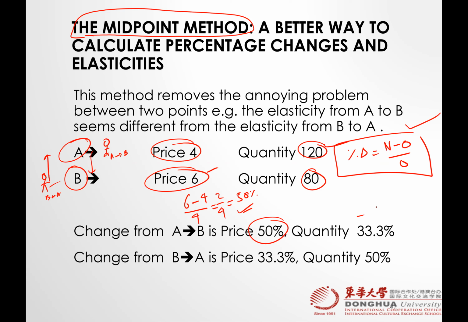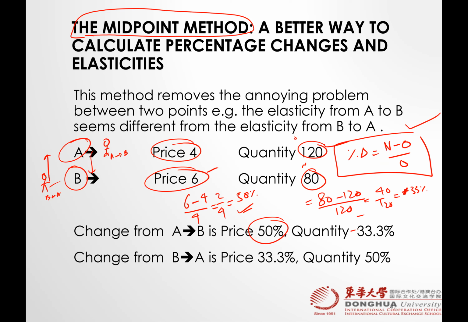The quantity is, new is 80, old is 120, so we have 40 over 120, which is minus 33%, or just 33%.